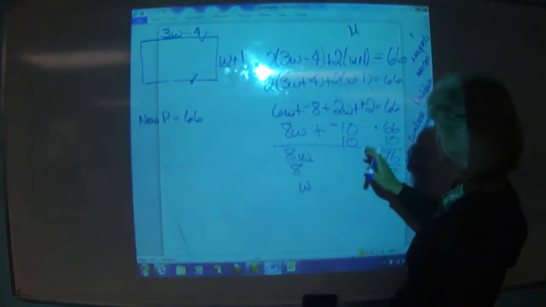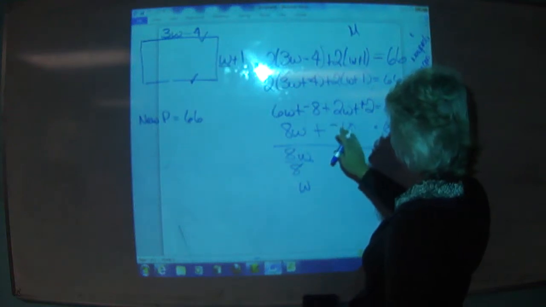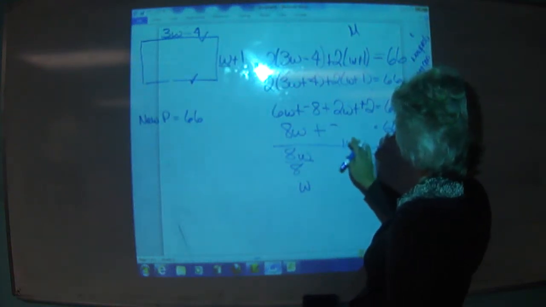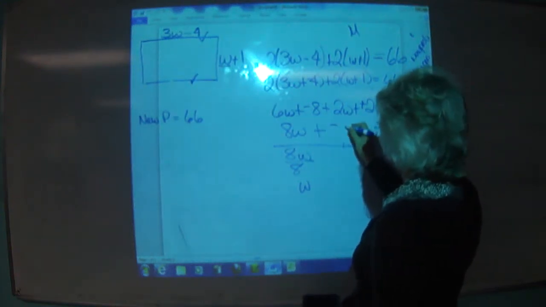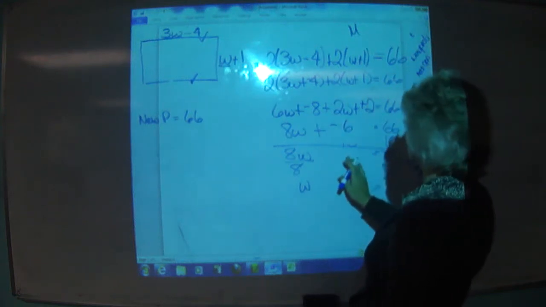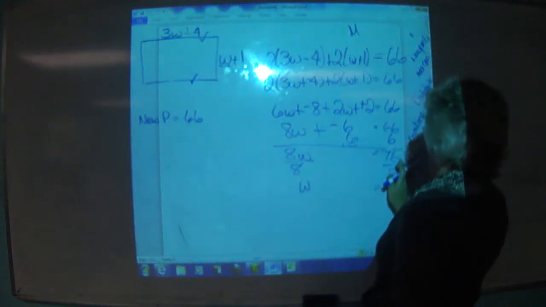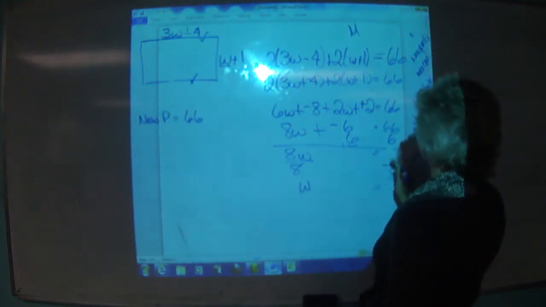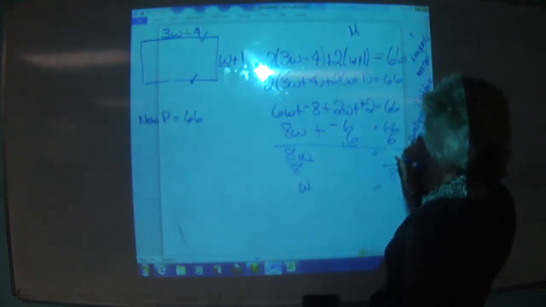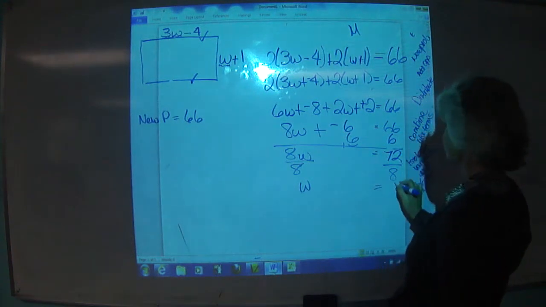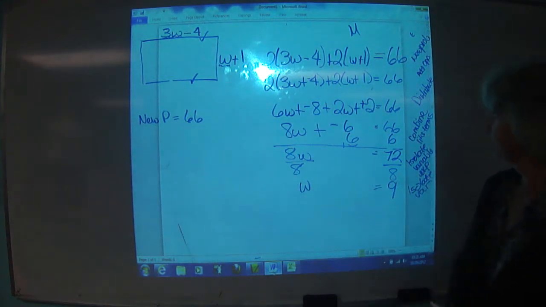So this is not going to be minus 10. It's going to be minus 6. So we're going to add 6 to both sides, so this is going to equal 72. So W is 9.